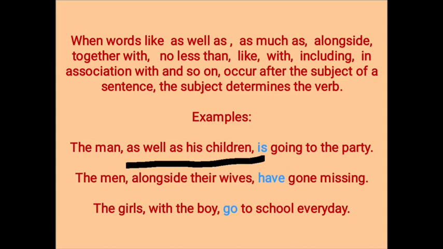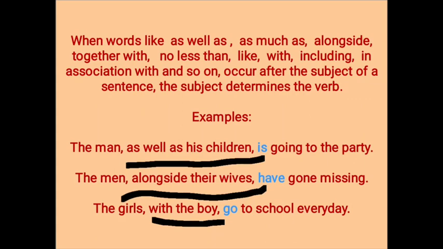The same goes for the second sentence. The men alongside their wives have gone missing. We can rewrite the sentence and say the men have gone missing alongside their wives. And the third one, the girls with the boy go to school every day.